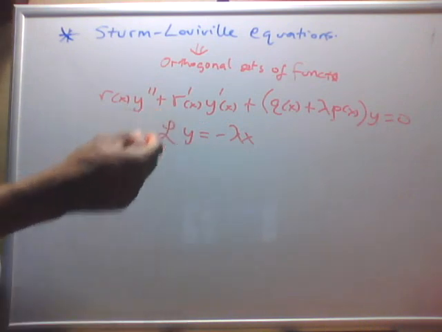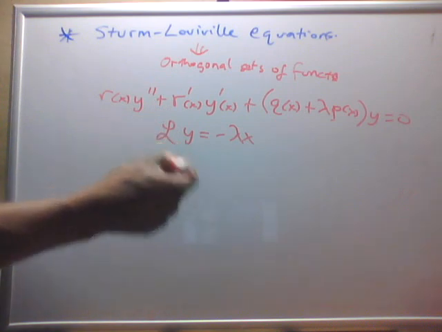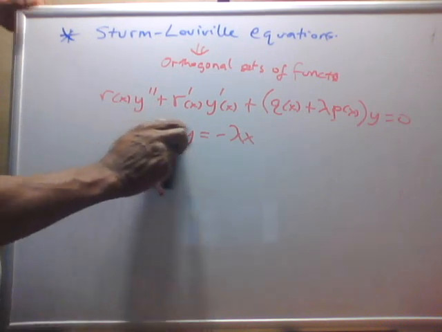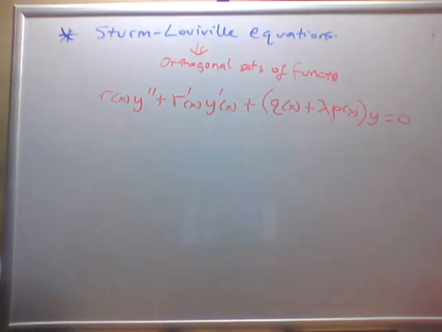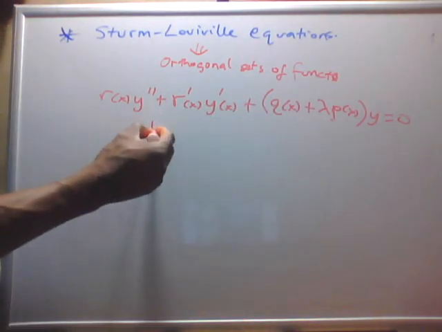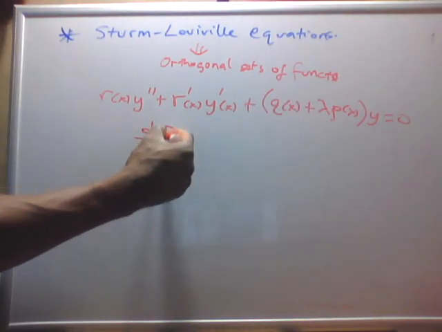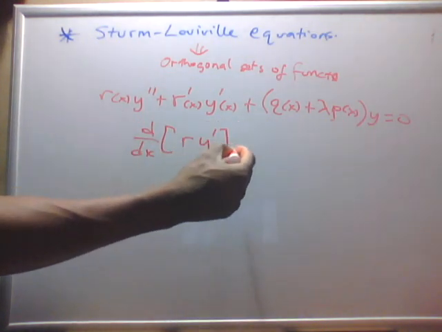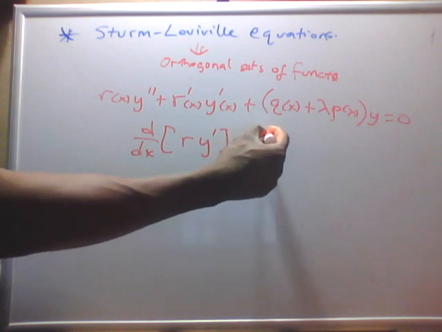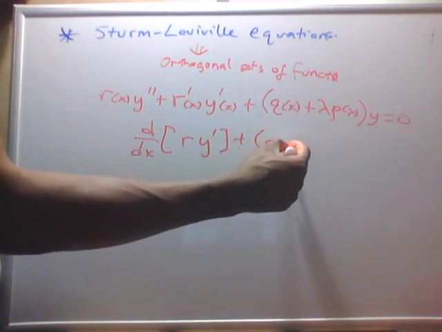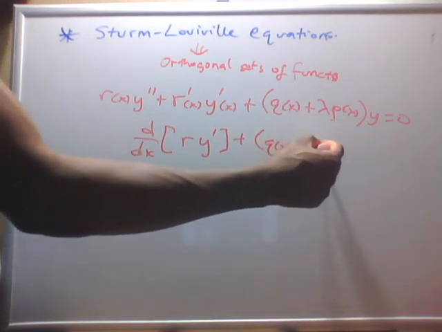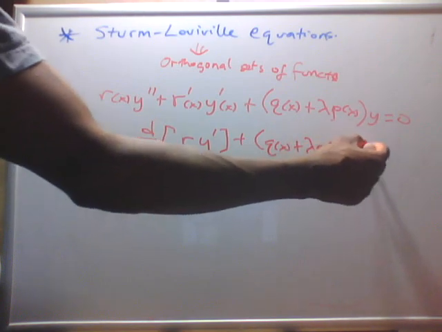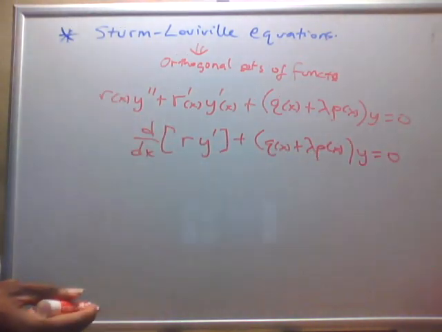So this is the general Sturm Liouville form. You may have seen it this way in your textbook also: the derivative of r y prime, plus q(x) plus lambda p(x) y equals 0.